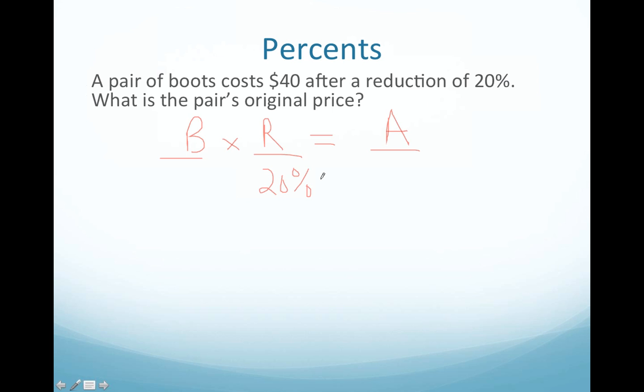And I know what my amount is. My amount is $40 because that's after the reduction. It didn't say before the reduction. If it was before the reduction, that would be your base. But after the reduction means that it's already been taken out.